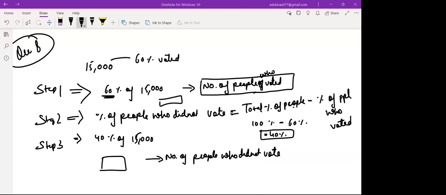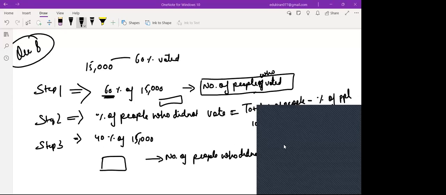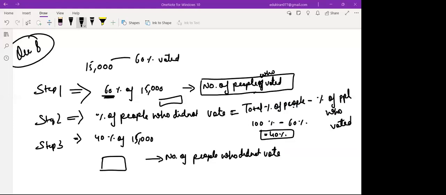For the number of voters who did not vote, we can find the number of people once we find the number of voters who voted by subtracting 15,000 with 900. Yes, 15,000 you will subtract it and then you can convert it into percentage. It's your choice. Okay, ma'am.